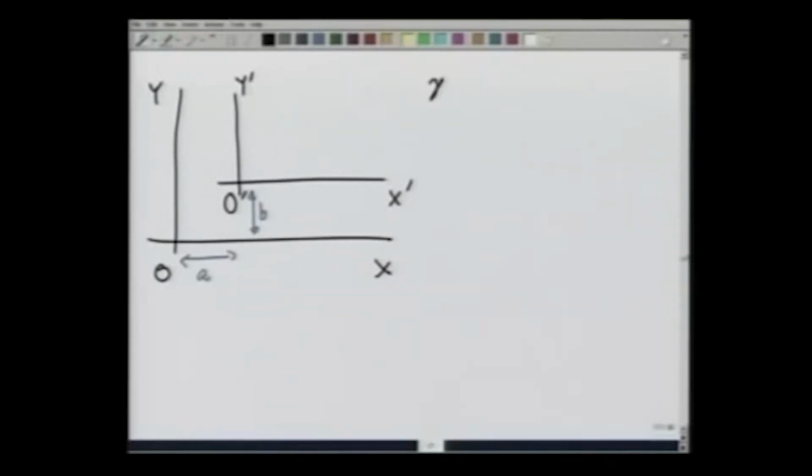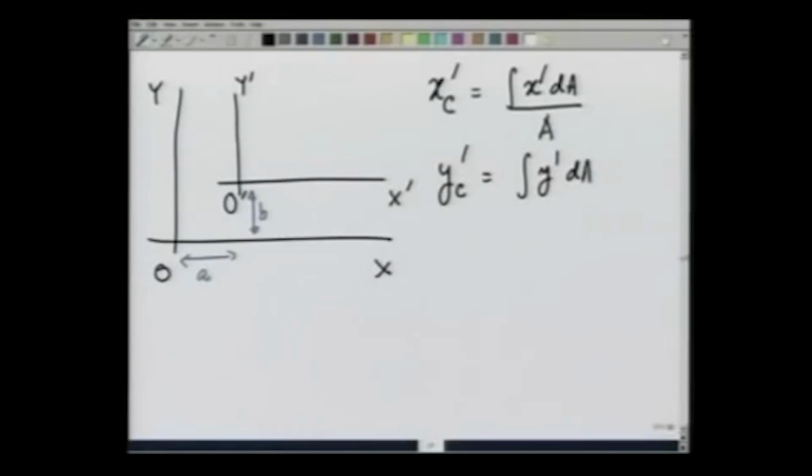Let the centroid coordinate in O prime frame be xc prime, which is equal to integration x prime dA over the area, and similarly yc prime is equal to integration y prime dA over the area, where dA is some small area given in this plane area which I have drawn here.